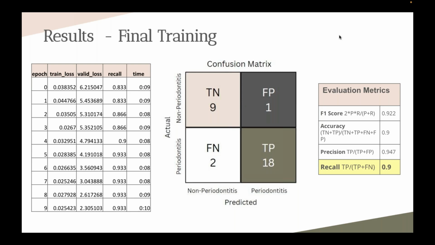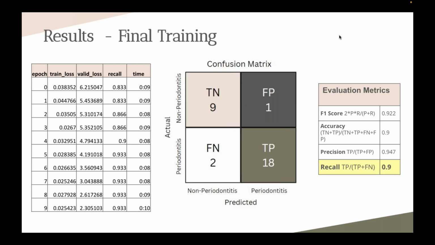So obviously this isn't going to be 100% accurate, but considering I only had 156 images and my accuracy was pretty high, I feel like if I got a lot more images, for example, 200, 500, maybe even 1,000 in the future, I could get that accuracy almost like 95, 97%, to which it would be a really good predictor. But obviously it's not going to solve your periodontitis. It's more built for awareness.